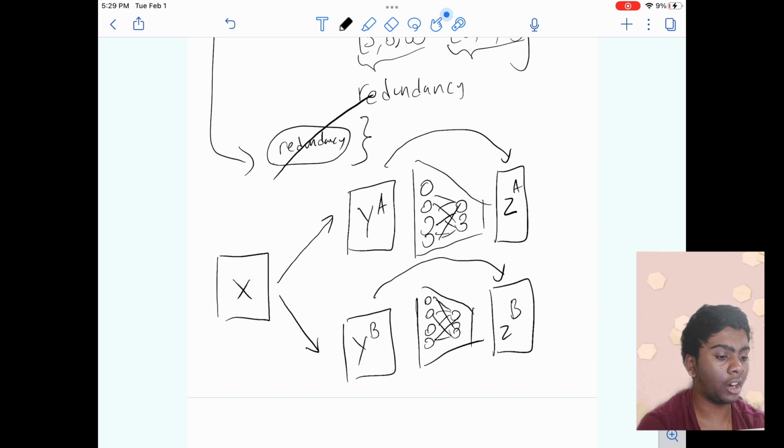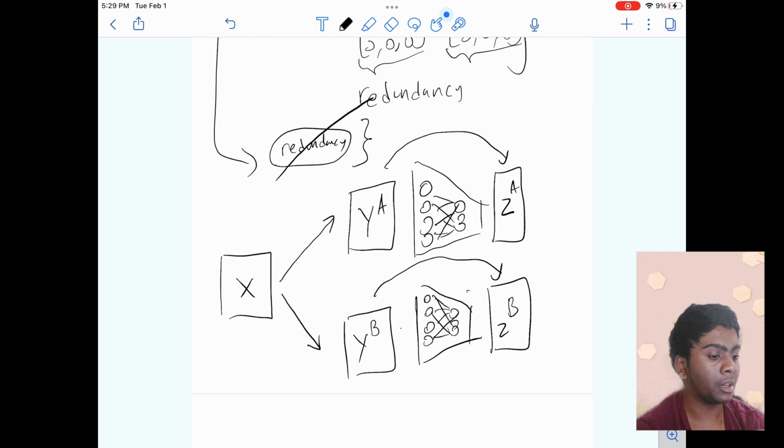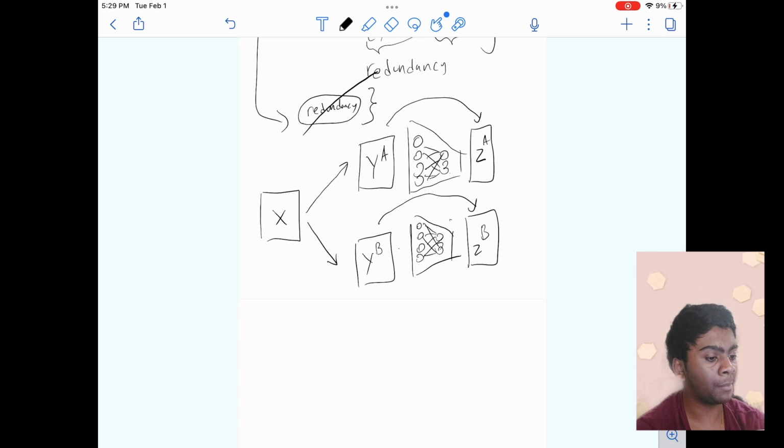These are our embeddings, and this is the same model. We're just checking the model's embeddings for the first version of the distorted image and the second version, right?